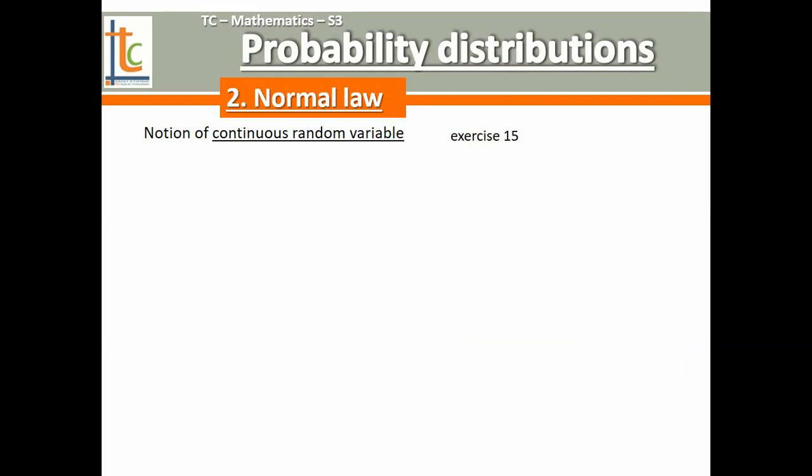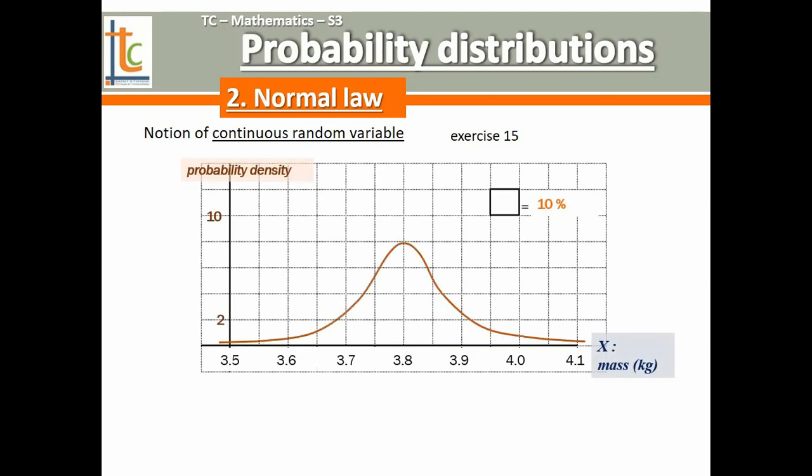So drawing these rectangles is not possible, okay? You just want to know the global shape of your histogram, and it will be described by a continuous curve this time. And this is really important for us because we just reached the notion of continuous random variable. The mass of something is physically a real number with a possibly infinite number of decimals for each measure.